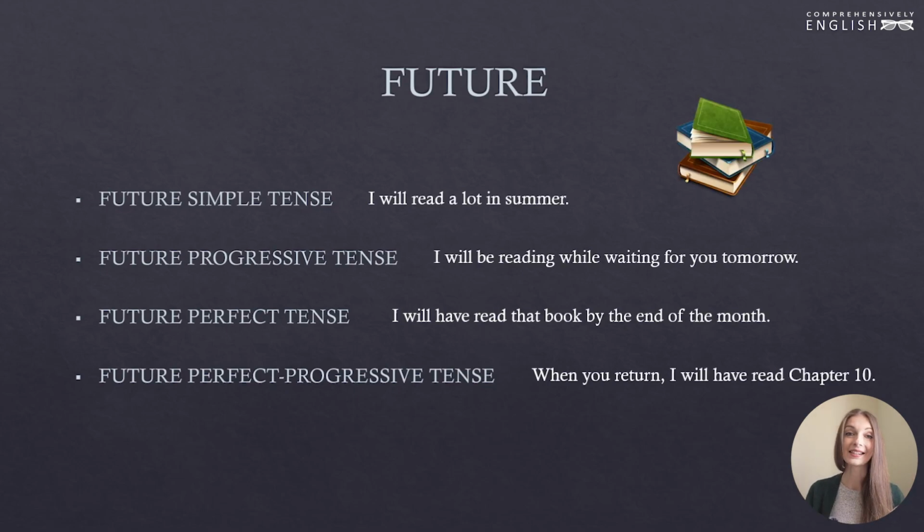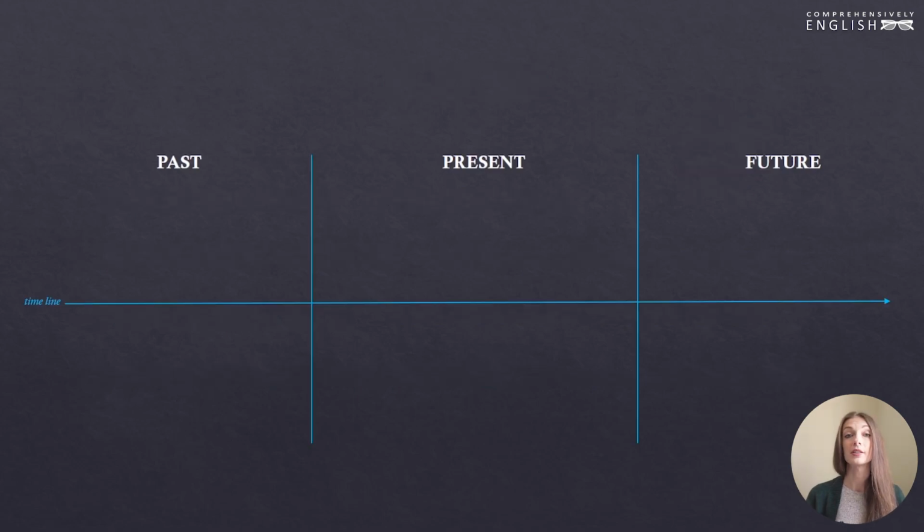All of these tenses speak of the future, but each of them expresses a different quality of the action in the future. You remember we divide the timeline into 3 sections or into 3 rooms. In our first lesson on the grammatical tenses, we spoke about the present tenses.